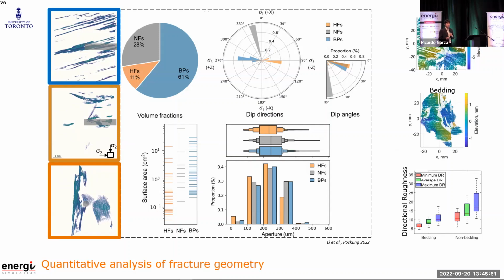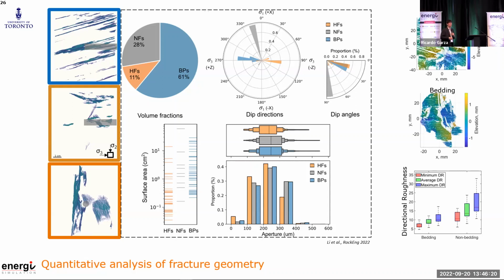And again, what we see is the aperture of the bedding planes results to be higher on average with respect to all the other families. That means that the bedding planes seem to conduct much more fluids than the other families of fractures. And again, I remind you, the cube of the aperture is directly a function of your transmissivity.